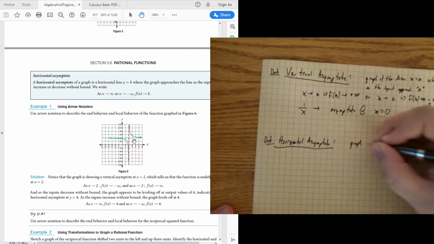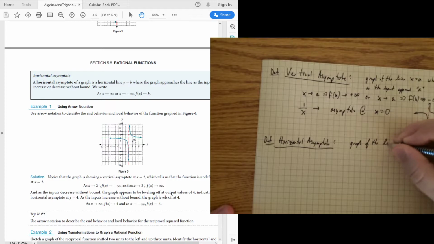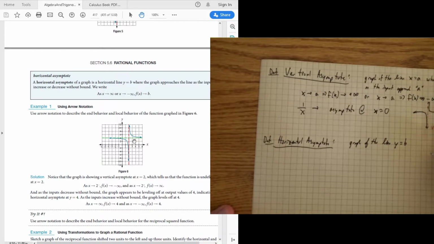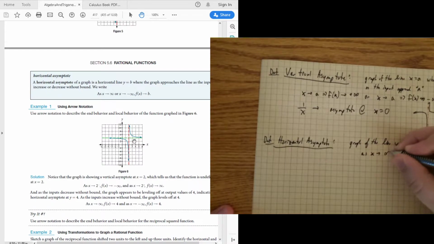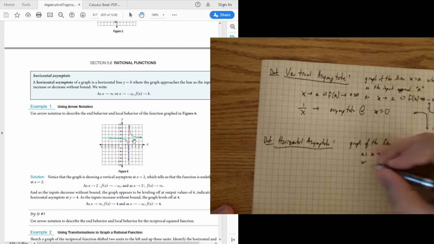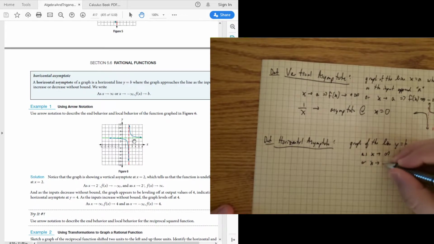Graph of the line y equals b, where as x approaches infinity, f of x approaches b, or as x approaches negative infinity, f of x approaches b.